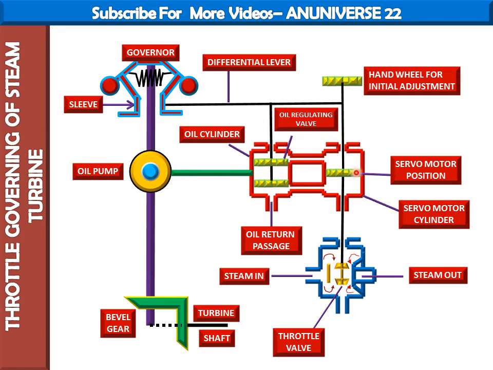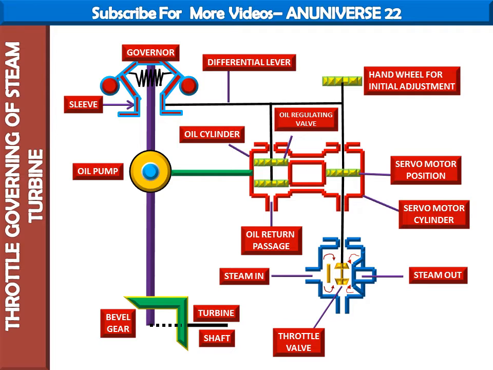These are the relay pistons. Here the positions shown are for full load on the turbine, running at full speed. Now, if the load on the turbine is reduced, the turbine will start to rotate at a speed greater than full load speed as the energy supplied is the same.